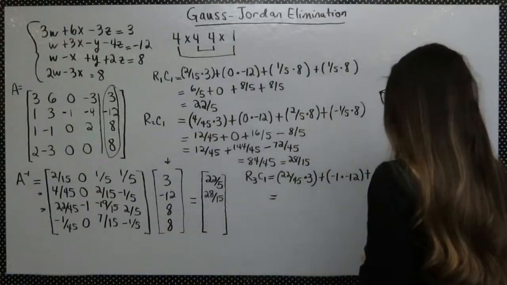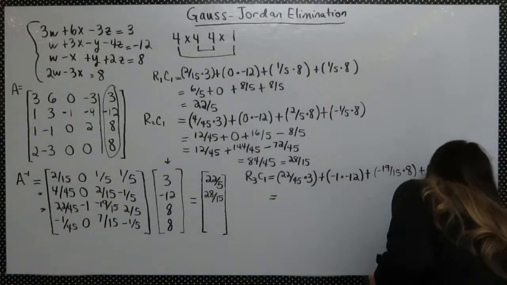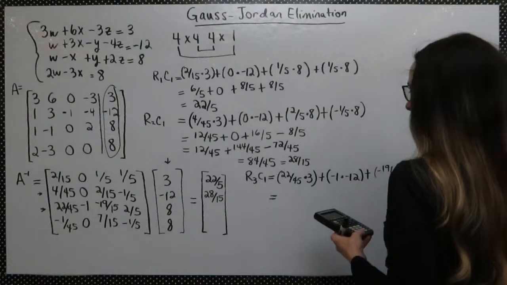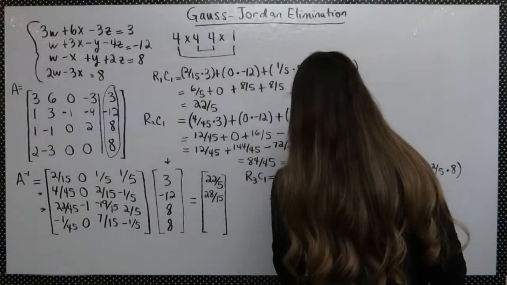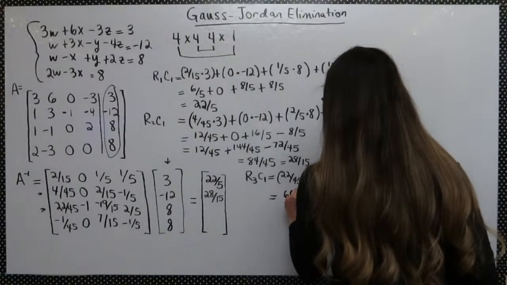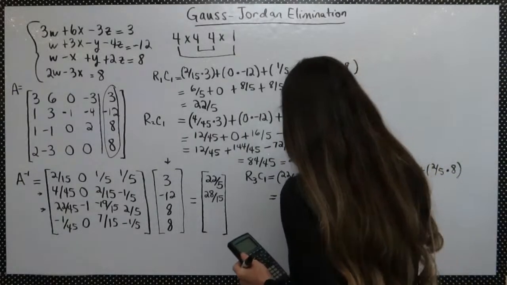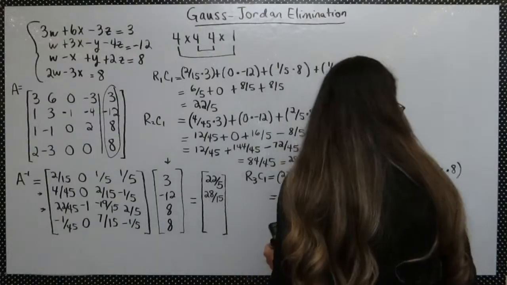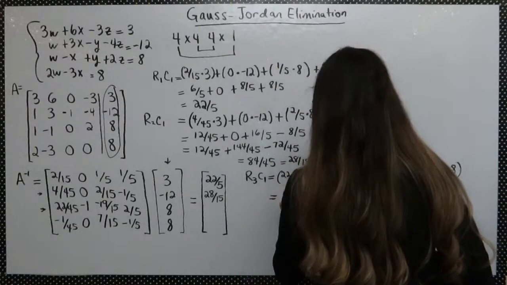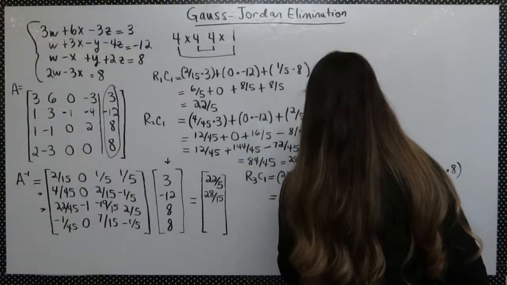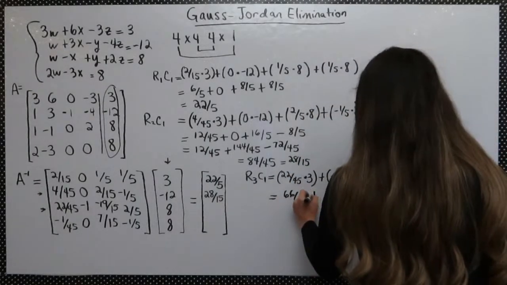So we got 22 times 3. I think that's 66. 66 divided by 45. Two negatives make a positive, so this will be plus 12.